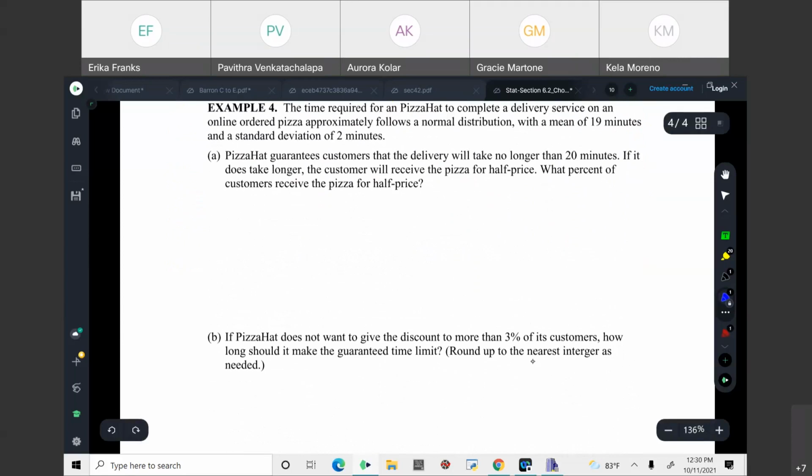Now example 4. You have 2 sub questions here. I also want students in the WebEx to answer these questions.